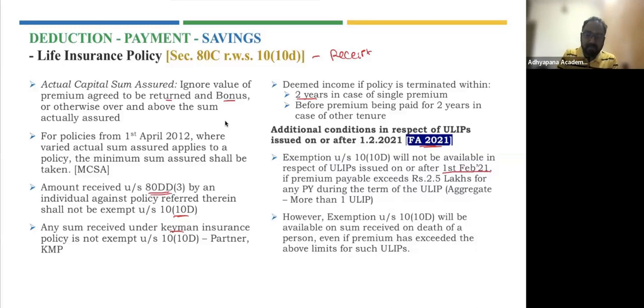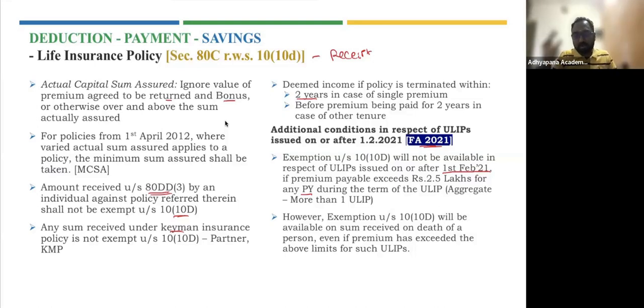If premium payable exceeds 2.5 lakhs for any previous year during the term of the ULIP, then automatically the entire amount will be taxed. So your maximum premium allowed in a year is only 2.5 lakhs. We spoke about 10%, 20%, 15%, but the maximum premium amount eligible is only 2.5 lakhs in a year for all plans put together.